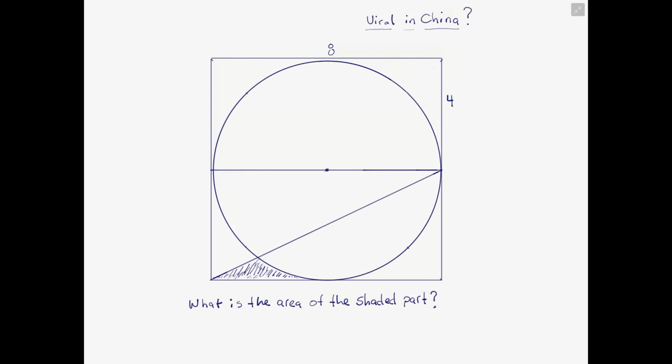Now, some of these problems that you'll see on the internet and YouTube are tricky. They often look like simple problems, but there's usually some trick to it, some cleverness, some deep insight that you'll have to have in order to be able to solve it.